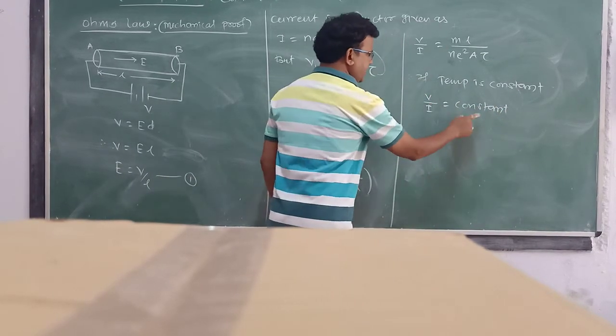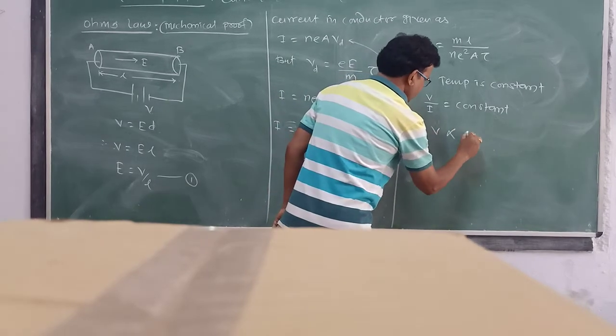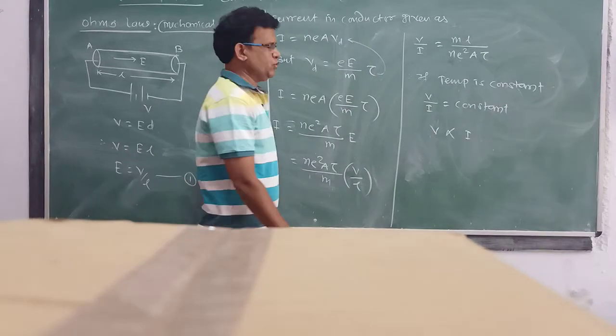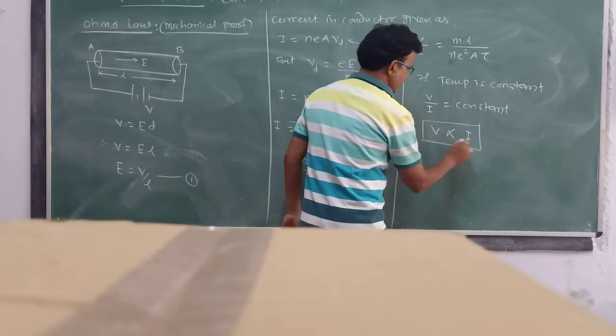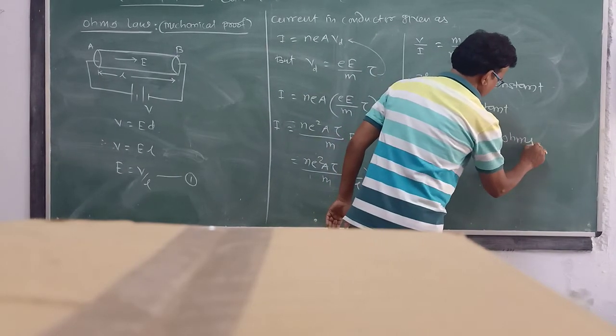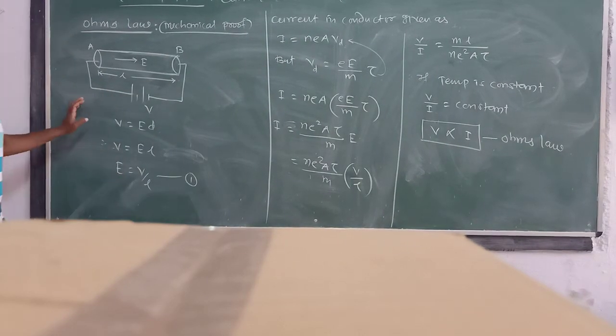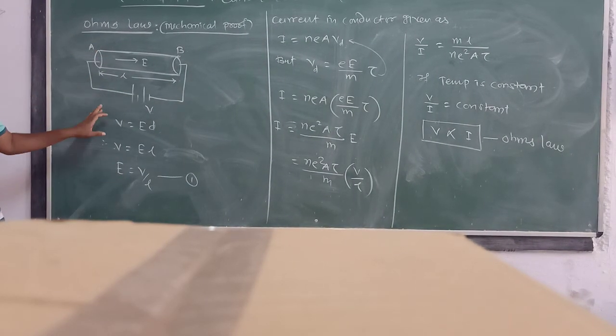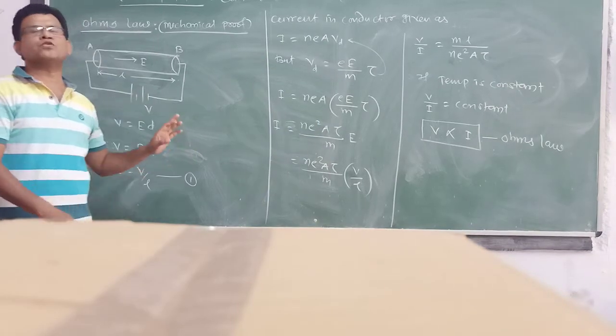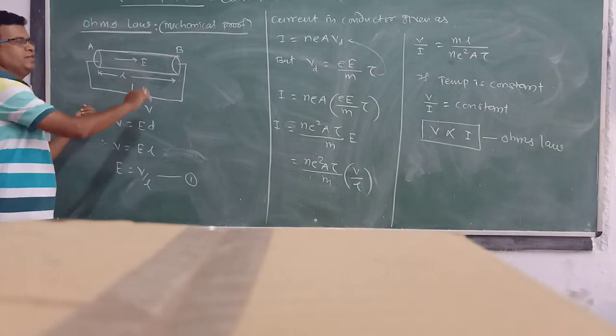If V upon I is constant, we can say V is directly proportional to I, and this relation is called Ohm's law. So this is how we can prove mathematically the Ohm's law that you learned in class 10.